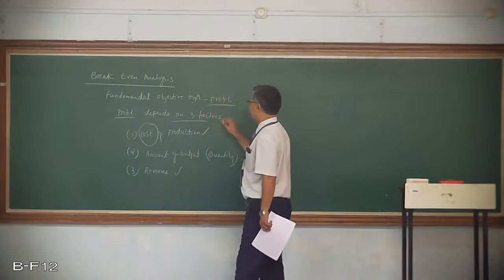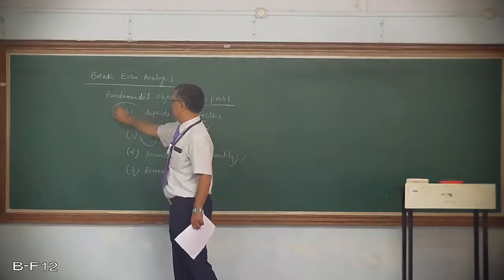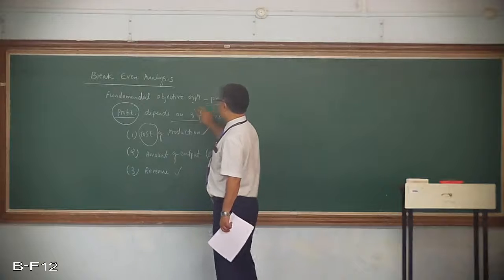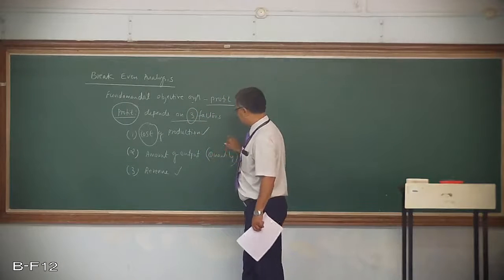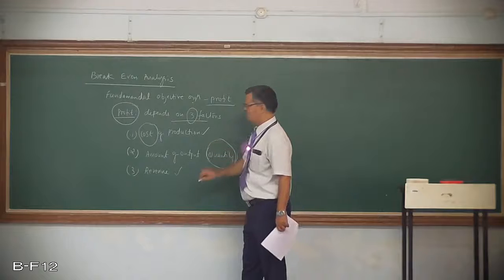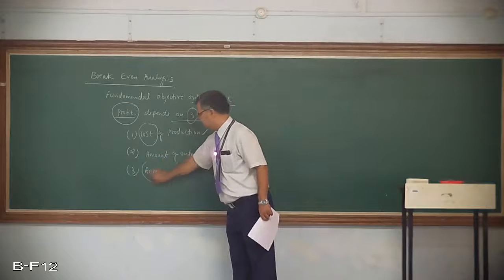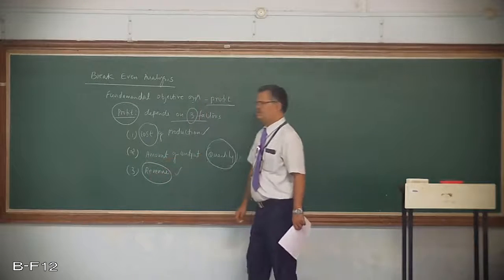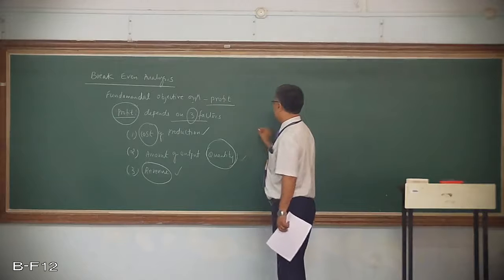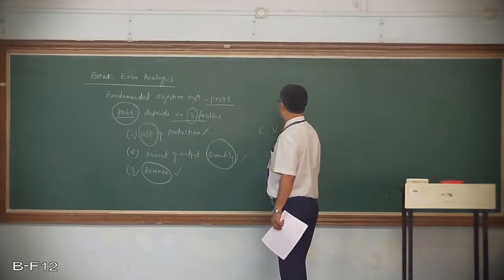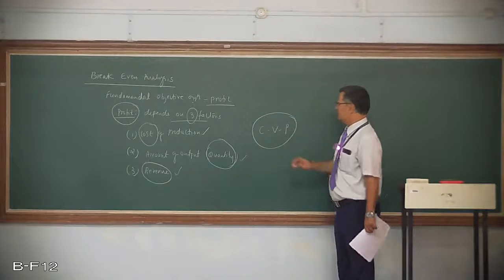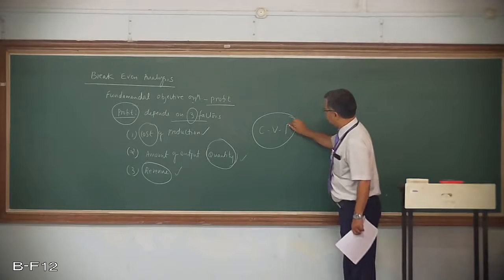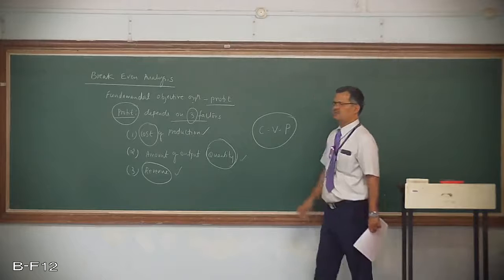The profit of the organization depends on mainly three factors: the cost of production, the quantity manufactured, and the revenue. That's why it's called cost, volume, profit, CVP. These are the three factors, very important for any organization.